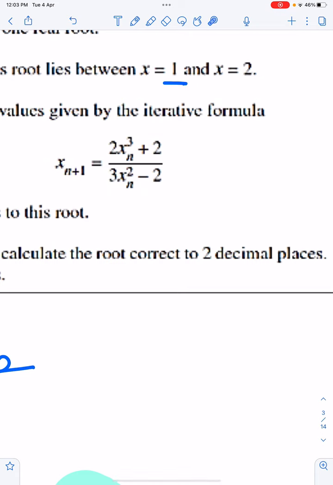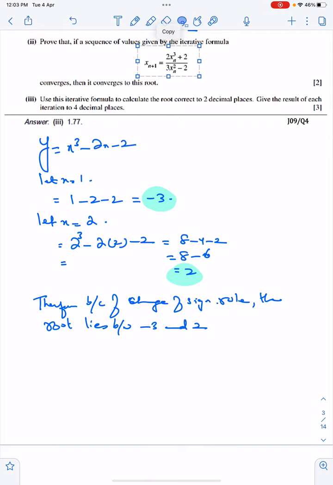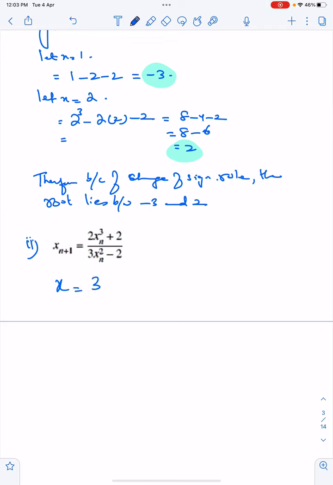x n plus 1 equals 2x cubed, you have an n here, plus 2, 3x squared, you have an n here, minus 2. Get rid of all the n's as a first step. So I'm just copying it here. Okay, for the second part, what I'm supposed to do is get rid of all n's.